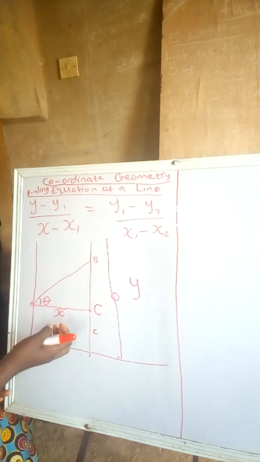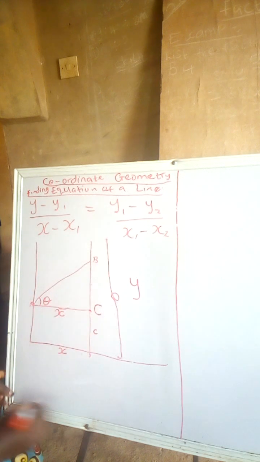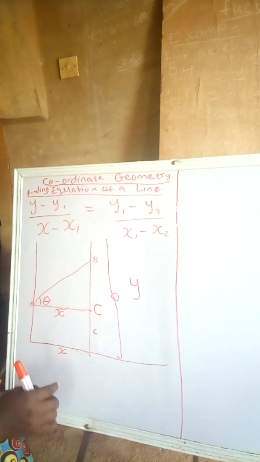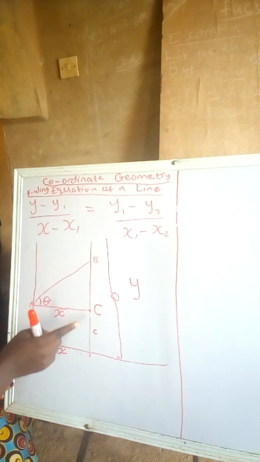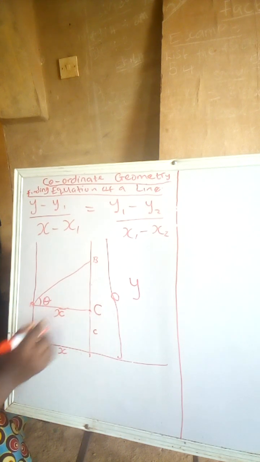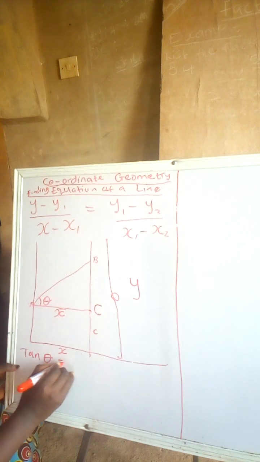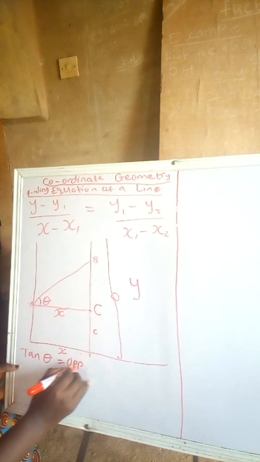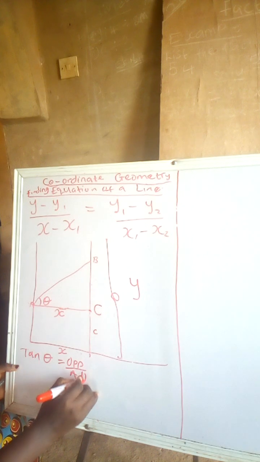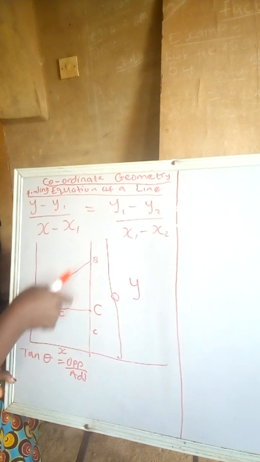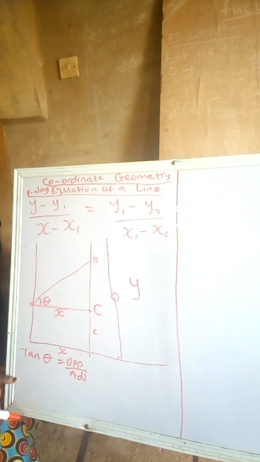From our SOHCAHTOA, the only one that has opposite and adjacent is tan. So that means we'll be using tan. Tan theta equals opposite over adjacent. We are given adjacent, we are looking for opposite.